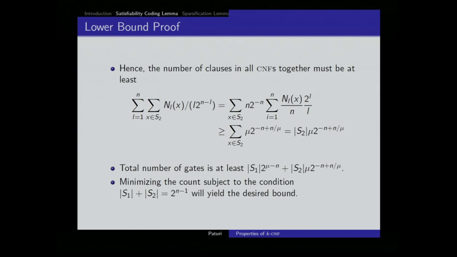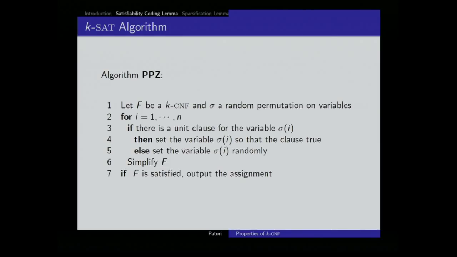So that gives us precisely fourth root of n times 2 to the square root n lower bound for the parity function. Okay, so that's the lower bound coming from the satisfiability coding lemma, and we can turn this into a satisfiability algorithm very quickly. This is how the satisfiability algorithm, PPZ, works: we take the formula and a random assignment, and if there's a unit clause, we deduce the value of that variable, setting that literal to be 1.